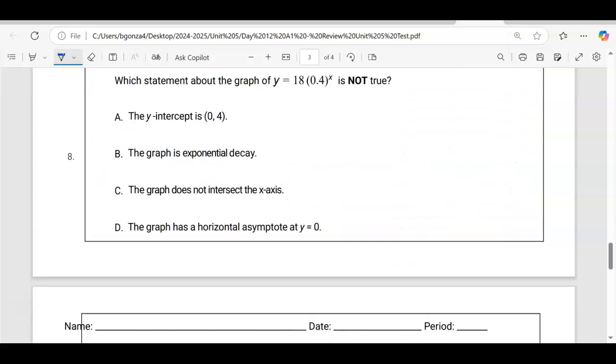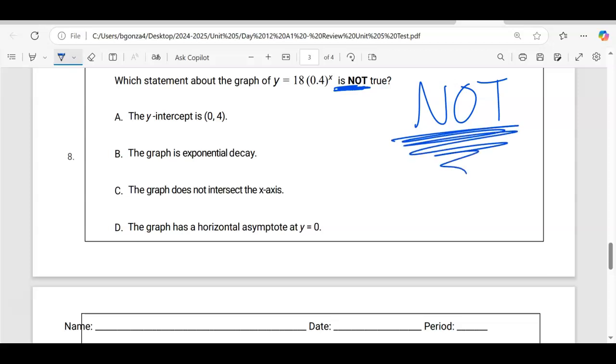Which statement about this graph is not true? Not true. Very important. Let's read it. Is the y-intercept (0, 4)? No. The graph is exponential decay. Decay is when your b is less than 1. So is this b less than 1? That one's true.